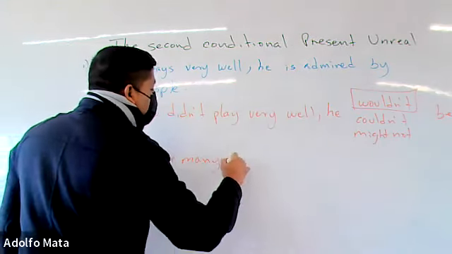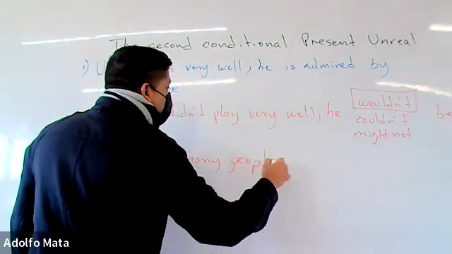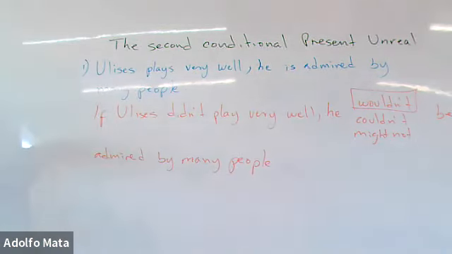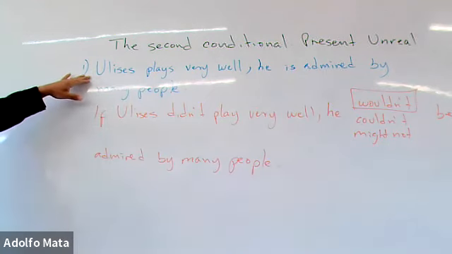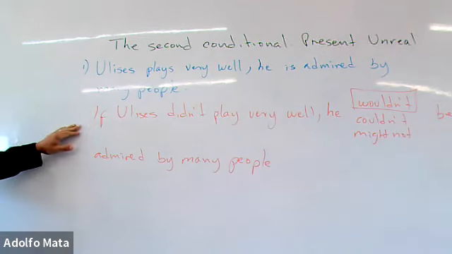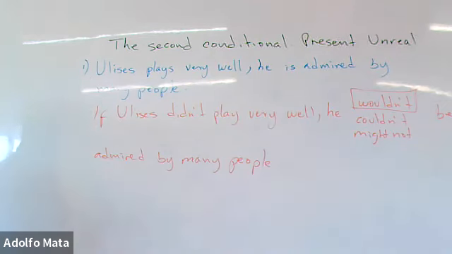Very good, Manuel. So, in Spanish, Ulises juega muy bien, es admirado por mucha gente. Si Ulises no jugara tan bien, él no sería admirado por mucha gente. All right? So, that's a transformation. Okay? Good. Very good. Everybody has it, right? Okay.